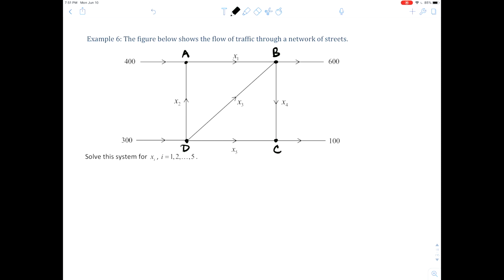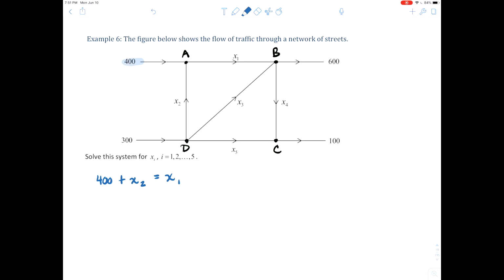So into junction A, what do we have going on? We've got 400 flows in, right? X2 flows in to A. But what flows out of A? Awesome. X1.